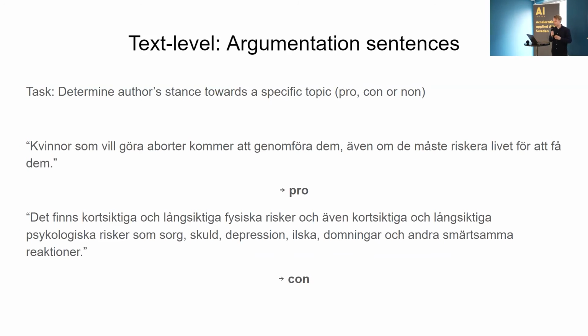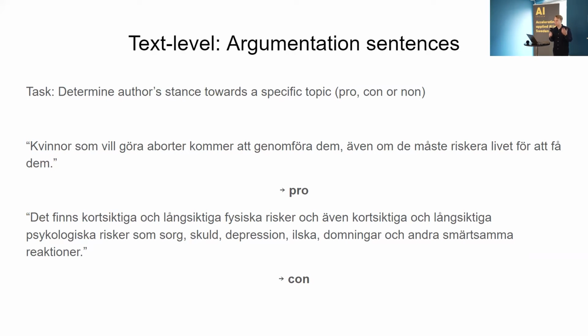And we have the new data set for SuperLim 2, which is to determine an utterance's stance towards a specific topic. So in this case, it's abortion. So whether the statement is pro or con, or doesn't say anything about abortion. So in this sentence here in the middle, someone is writing that women who want to do abortions will do them even if they have to risk their lives for it.